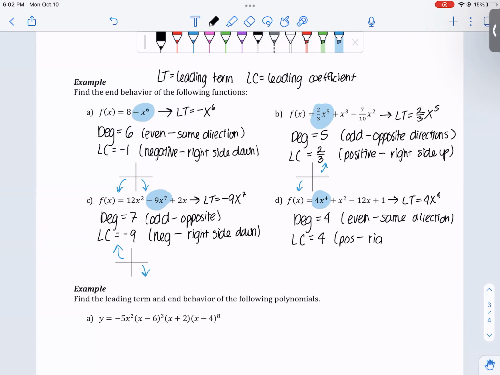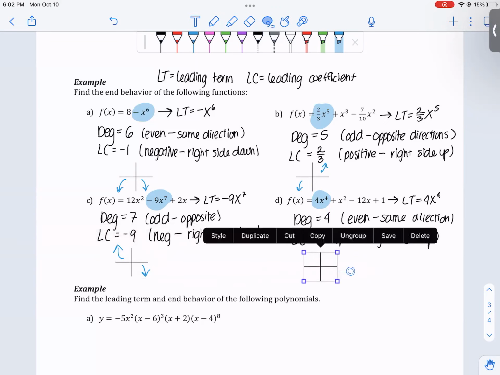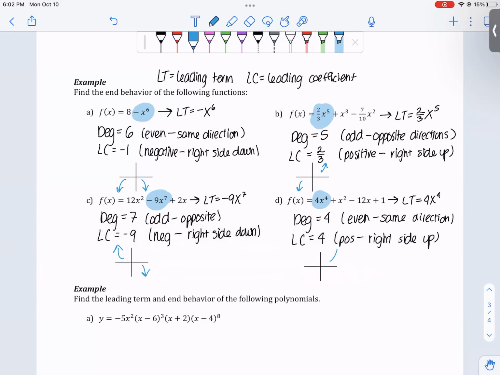That means the right side goes up. So right side up, and then same direction because of even degree. And that's the behavior. That one rises to the left, rises to the right.